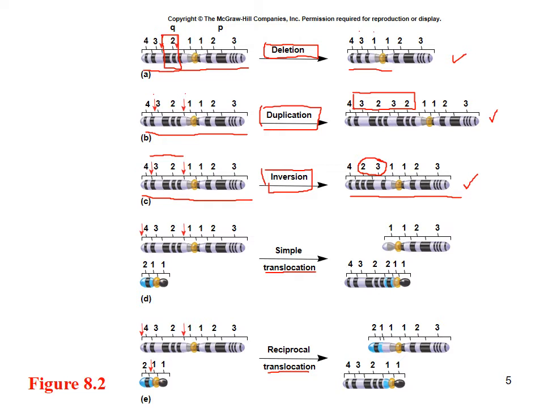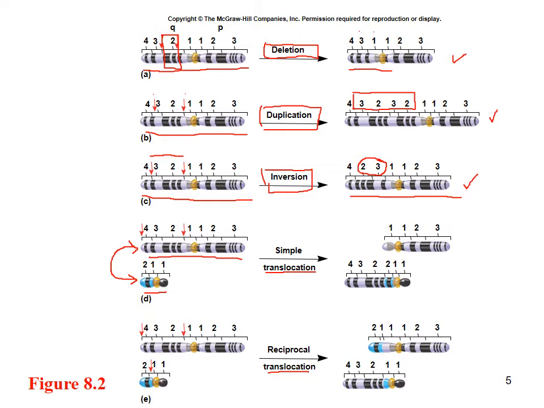So for instance, right over here, you can see you have your 2 chromosomes lined up. One is going to be a very long one, one is a nice little short one. And what we see happening is that with translocation, that means we're going to swap genetic material between non-homologous chromosomes, and the swap can occur 2 ways. You can have what we call a simple translocation or a reciprocal translocation.